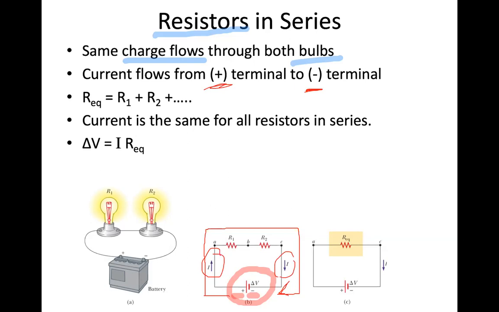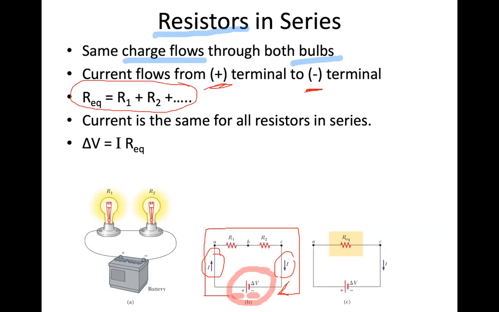And what happens, so for the current, we know that the current is the same. But we want to know what happens to the resistance. What is the actual resistance? What happens when we put two resistors in series like this? Why would we want to do that? Well, what we find is that resistors in series add their resistance.